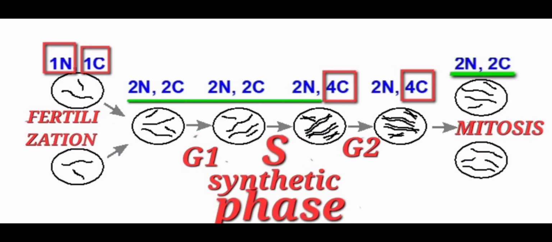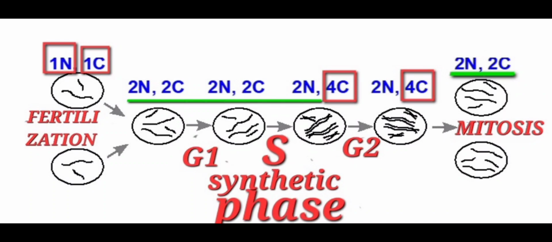We use either small c or capital C to represent the DNA content in a cell, while small n or capital N to represent the number of complete set of chromosomes in the cell.